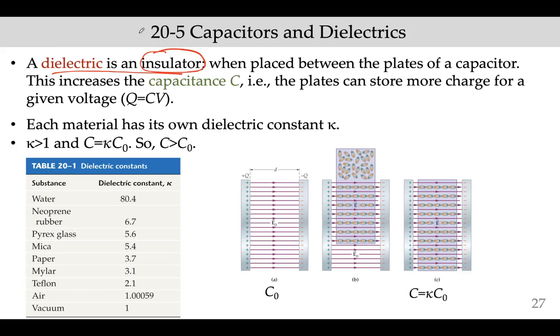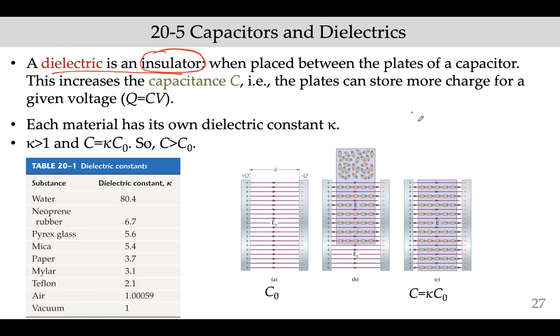Electrons cannot move through the material in insulators. In metals, conductors, they can move, but in insulators, they cannot. The only thing they can do is get polarized. If there's an electric field or charge, the atoms would get polarized.